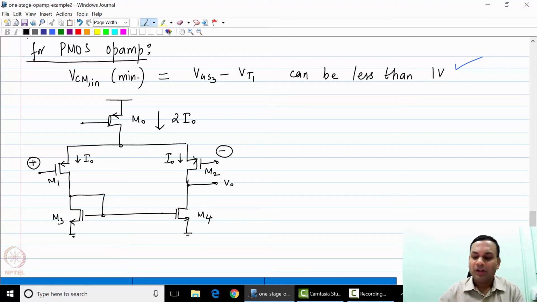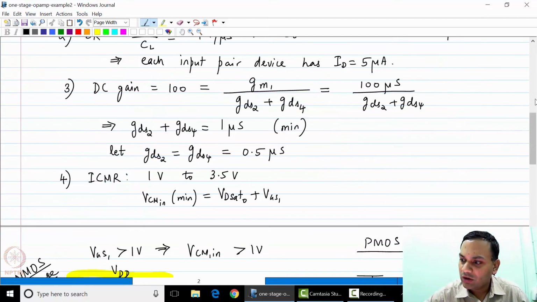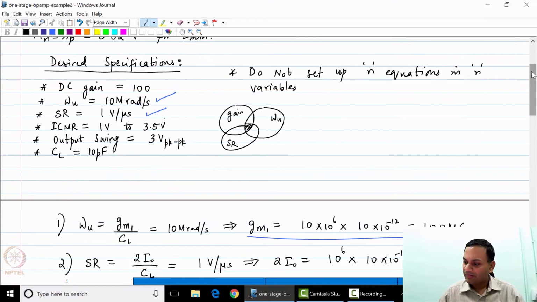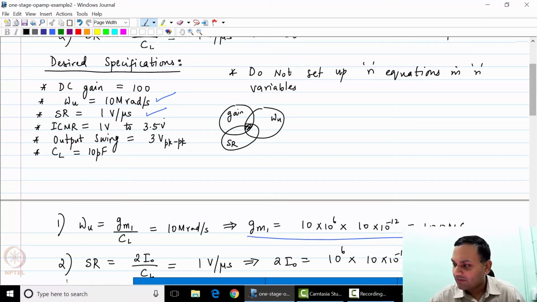So now for this circuit we now know that 2I0 is equal to 10 microamps, and therefore each transistor has a bias current of 5 microamps.